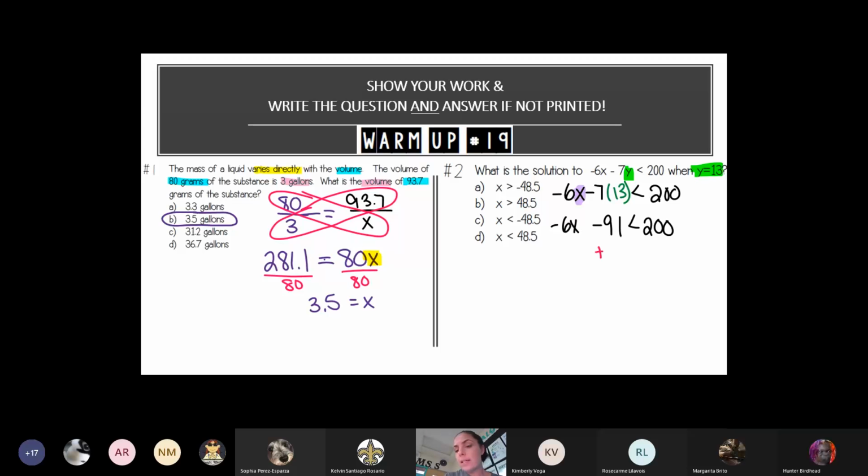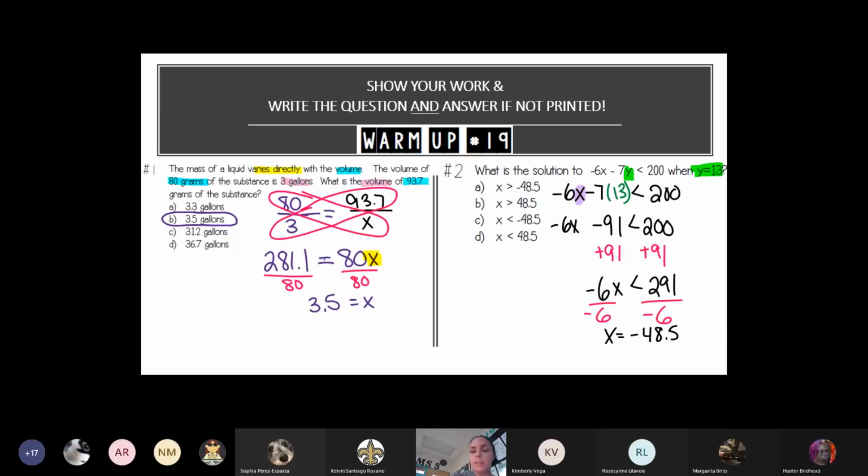So I'm going to add 91 to both sides, and I get negative 6x is less than 291. Then I need to divide by negative 6 and divide by negative 6, and I get x is equal to negative 48.5.